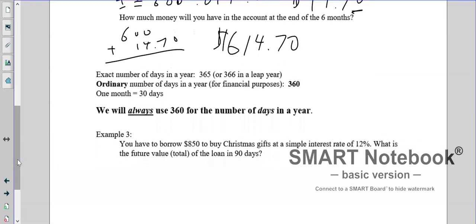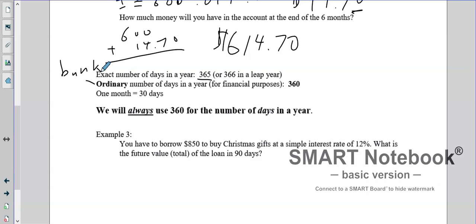Now, we all know there's 365 days in a year, 366 if it's a leap year. But ordinary number of days, and this all has to do with banks, okay? The banks use 360. Now, if you want to take a guess as to whether the 360 is better for you or the banks, it doesn't take much thinking. It's better for the banks.